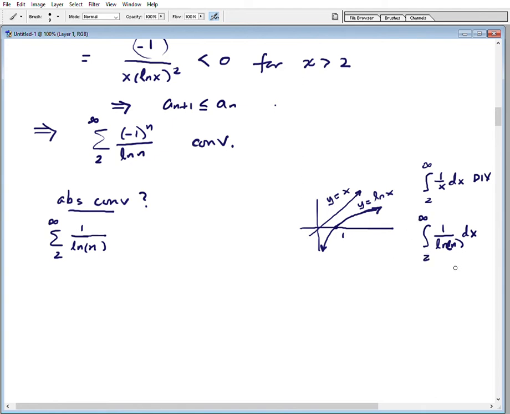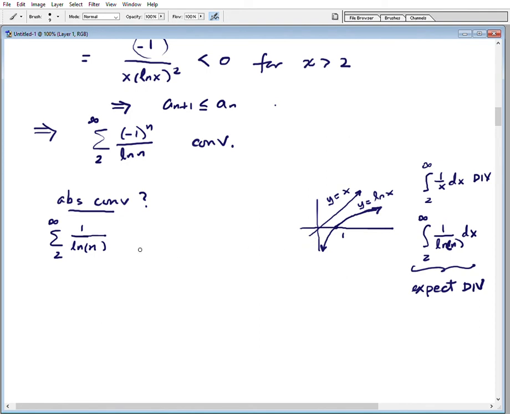We expect this to diverge because the denominator is getting bigger more slowly. It's going to infinity even more slowly than this one. It's only when the denominator goes to infinity very quickly that we have convergence. Here it's growing very, very slowly. So just from this picture, we're expecting divergence.